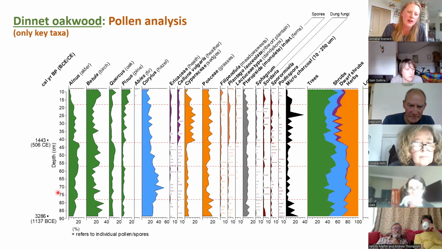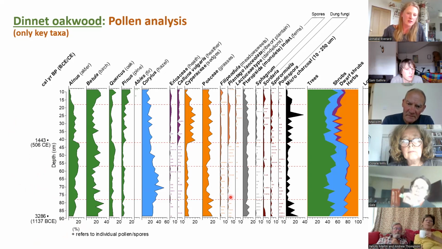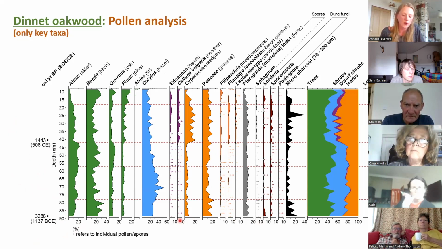And on the far left, we have the results of radiocarbon dating. As I mentioned before, the base of this record is in the Bronze Age. All of these silhouettes are then the proportion of each taxa within each sample depth. And here you can see there are little crosses as well, each an individual pollen grain or spore, which indicates the rare species within the pollen assemblage.